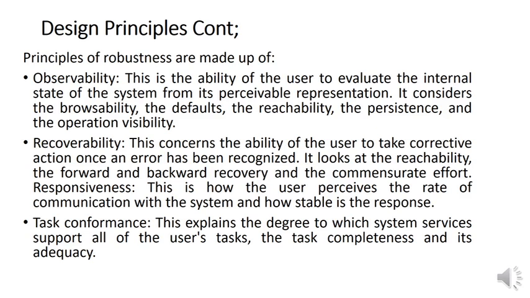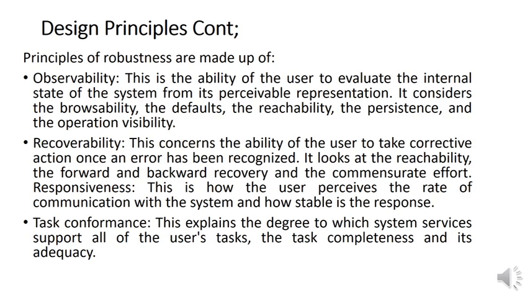In the course of observing or evaluating the state of the system, the user should be able to perceive all those representations, and in the course of considering all those things, it should be able to consider browsability, the default state, the reachability, then the persistence and the operation visibility.